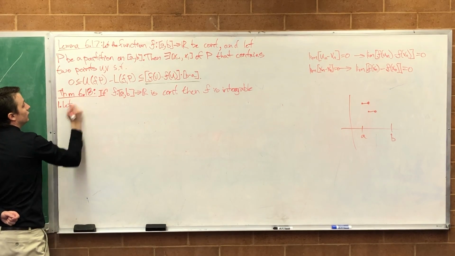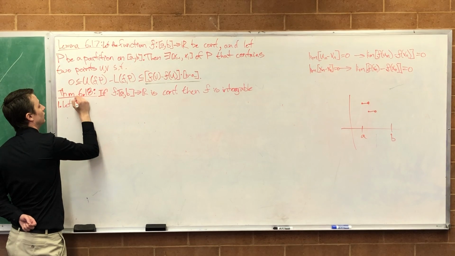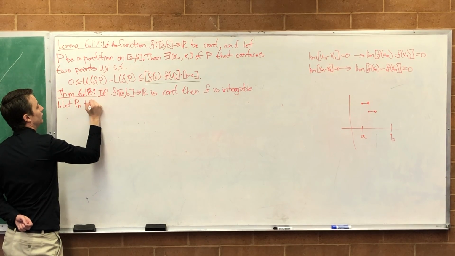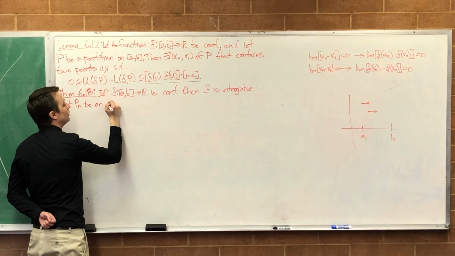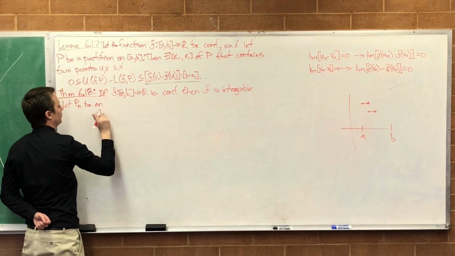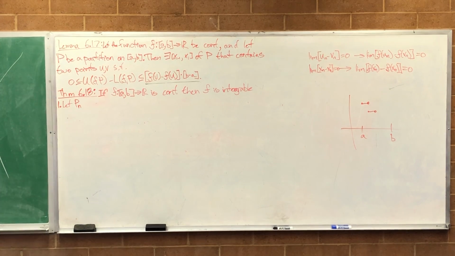So, and we know that we can let Pn be, well, we can't just call it an Archimedes-Riemann partition because then that implies that it automatically works. But we want it to be a sequence of partitions such that the gap goes to 0.